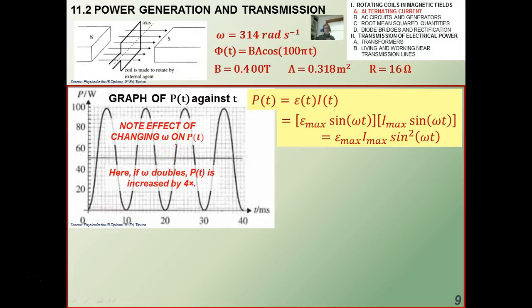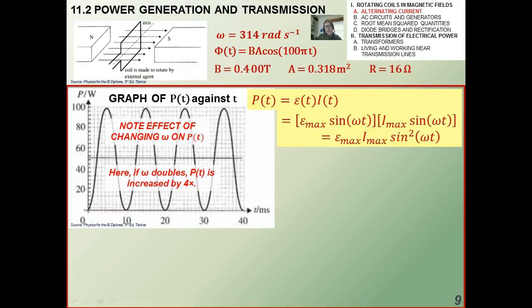Now things are different. When you get asked what happens to the power if the frequency doubles, well, omega will double, because omega is just 2 pi f. However, there's going to be an omega squared in here, because both E max and I max have omegas in them.